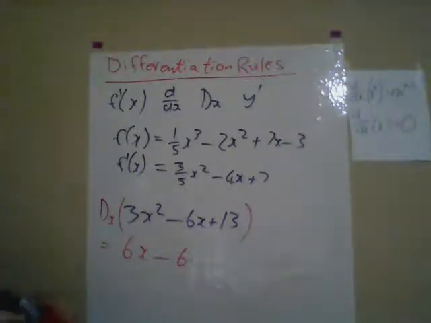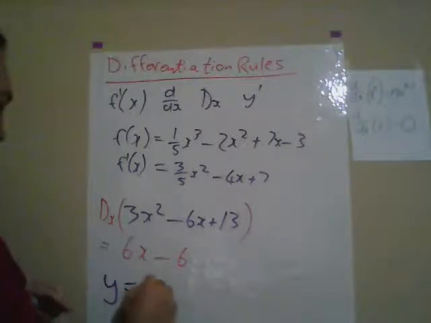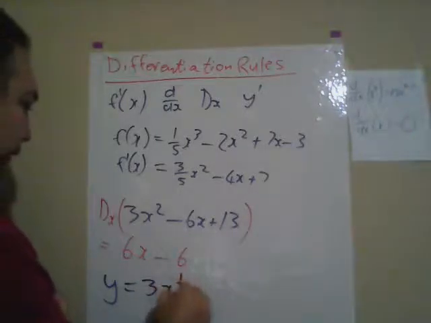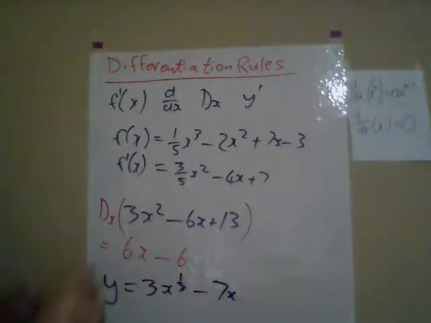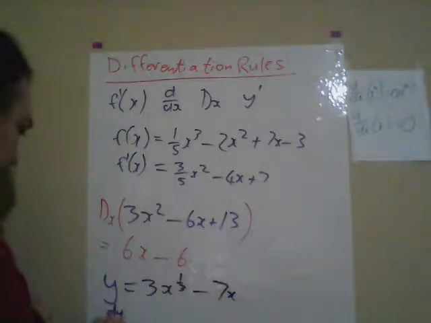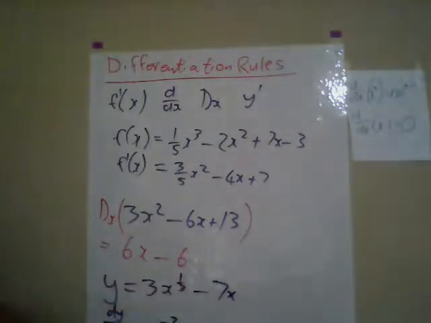Okay. Then, if it's a function but it's written as y equal to, let's say, 3x to the power of a third minus 7x, we can say the dy dx is equal to x to the power of minus 2 over 3, because a third minus 1 is minus 2/3, minus 7.